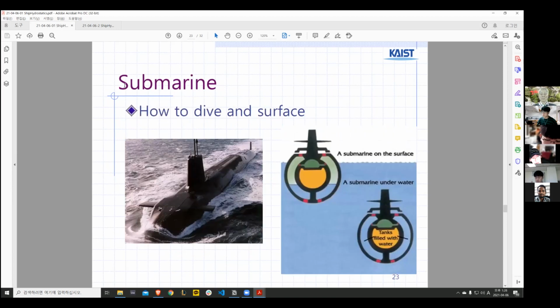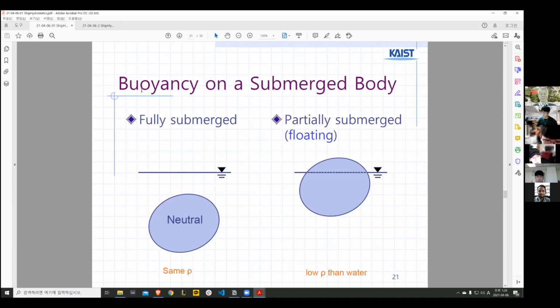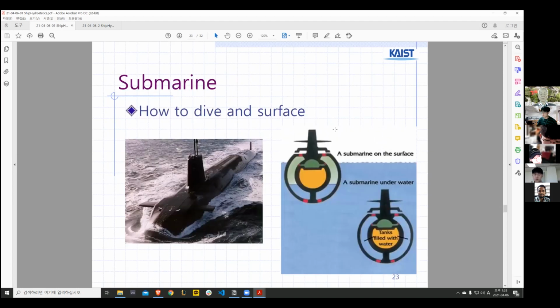And here's a submarine, which goes fully submerged and floating. Inside the submarine there is air and water, and you can add water in this tank or drain this water and push air in this tank.